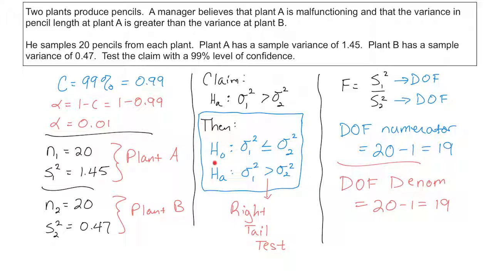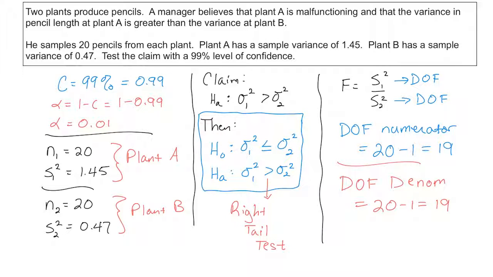So our null hypothesis was that the plants were equal, or maybe plant 1 was producing less. The claim was that plant 1 was producing pencils with a variance greater than plant 2. What we figured out statistically is that we can reject this null hypothesis. That means that for the manager's claim that plant A was producing with a higher variance than plant B, there is evidence to support it.